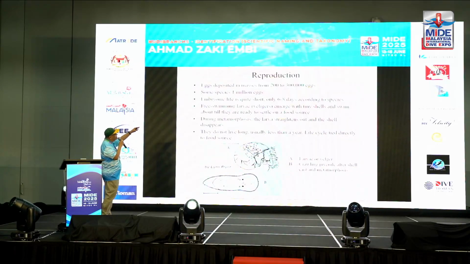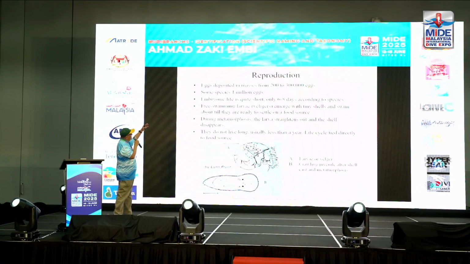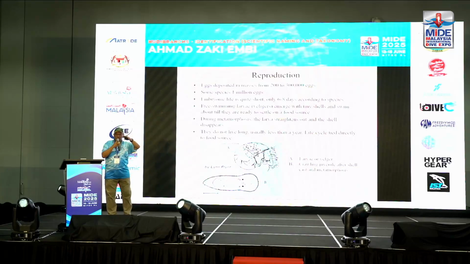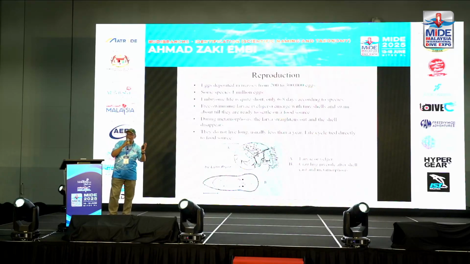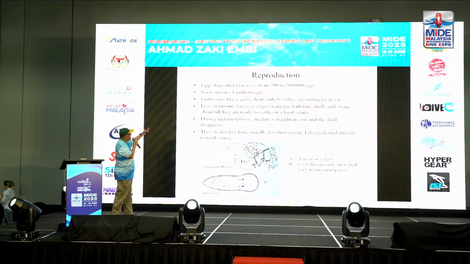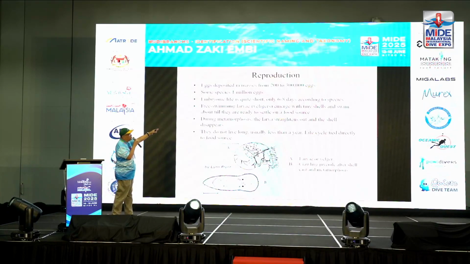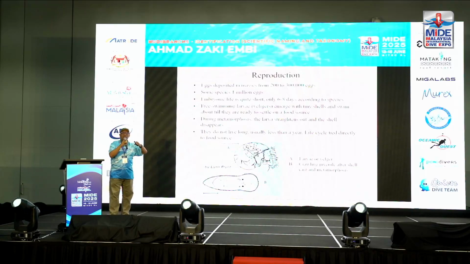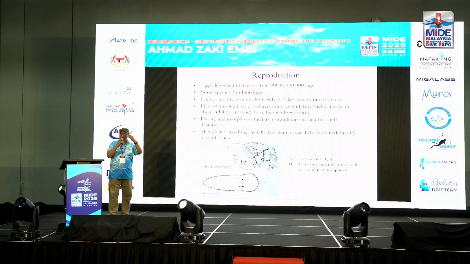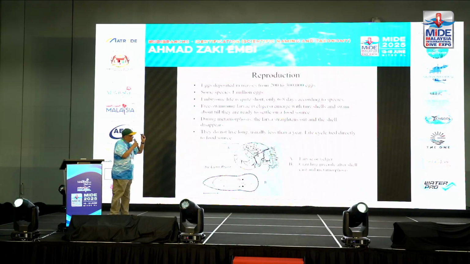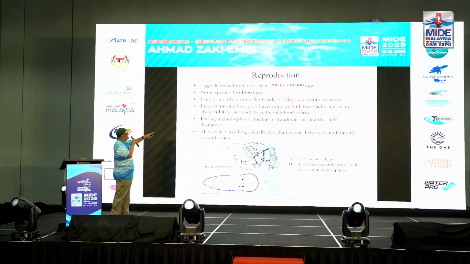When they lay eggs, it hatches into an embryo. That's about a week. It does not hatch into a small nudibranch. It goes embryo first, and then it becomes a free-swimming larva. They normally lay near a food source, so the larva will go and find the food, land on it, and then undergo metamorphosis.